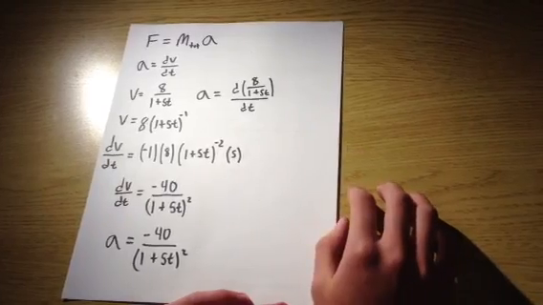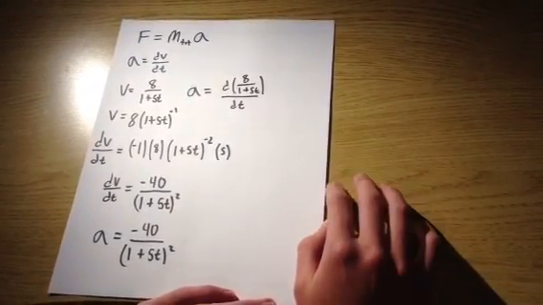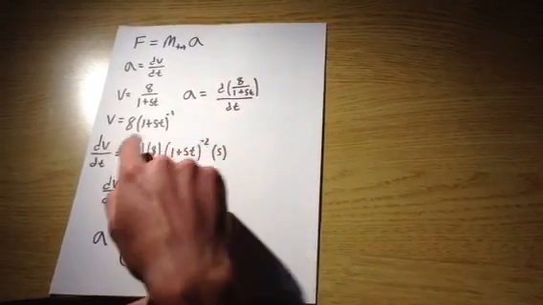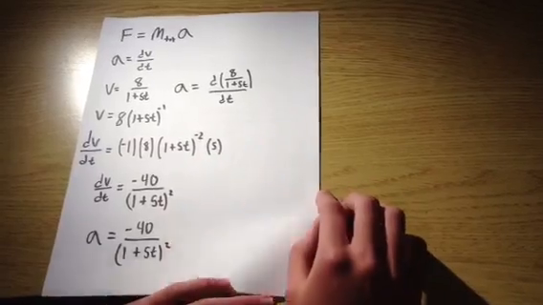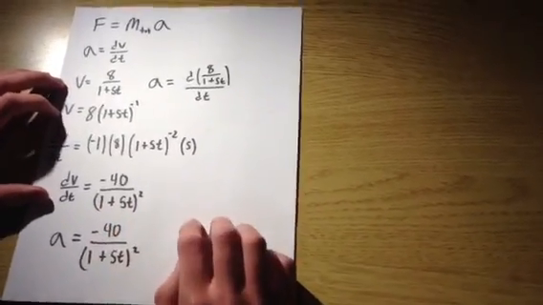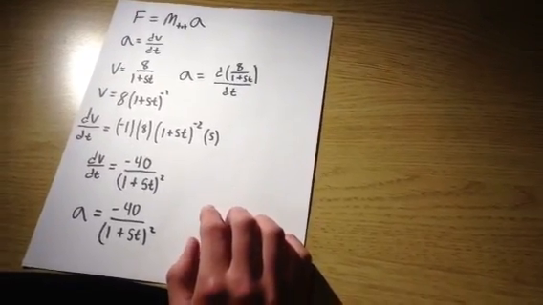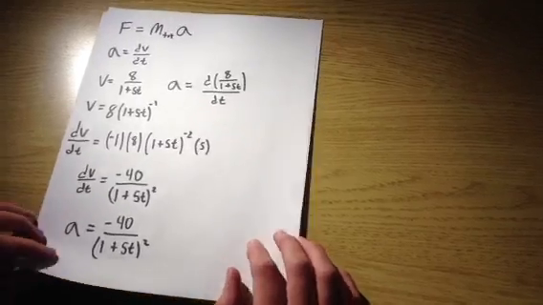Velocity is the equation they gave us, so this time we need to take the derivative of the equation, which is simple enough. A few math steps, and we end up getting that the derivative is negative 40 over 1 plus 5t squared. And that is the acceleration.